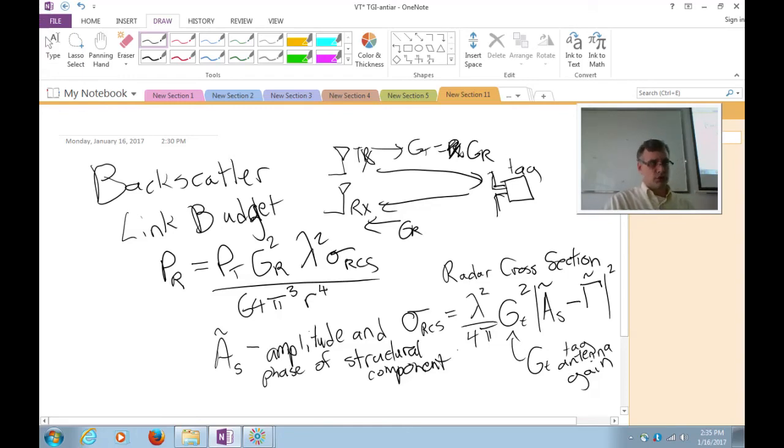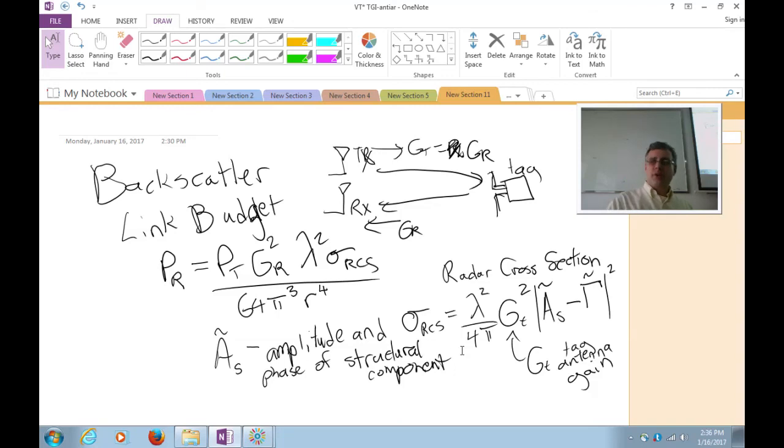So what do we mean by structural component? This is what would reflect back regardless of what you connect to the antenna, right? Because the antenna is a hunk of metal, it will reflect a structural component, just like a metal sphere or a metal wire will.